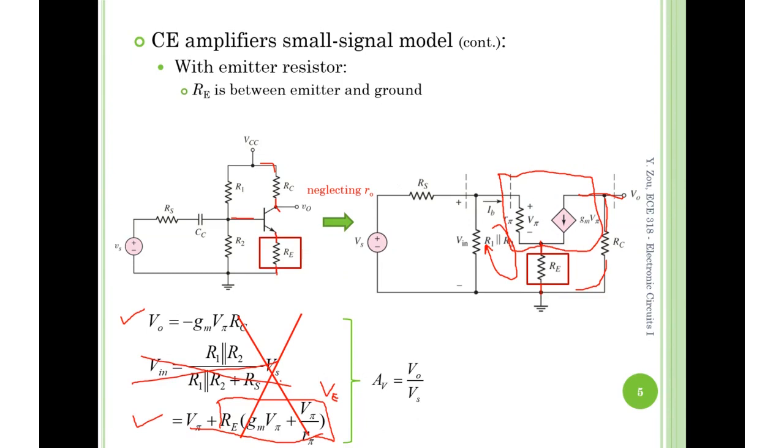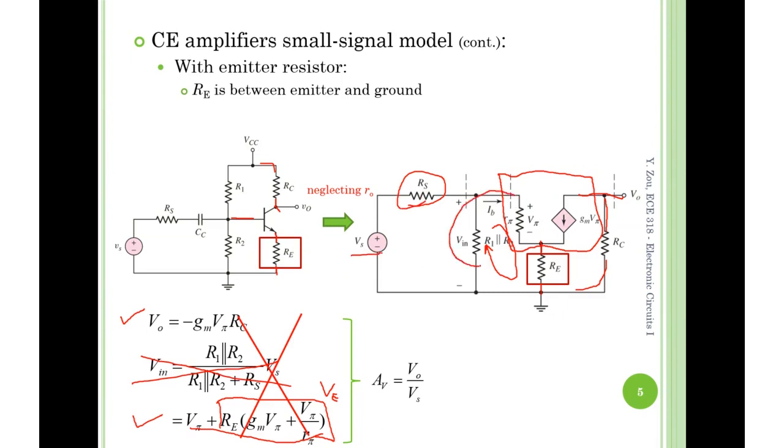However, if you want to use this voltage divider, Kevin's solution is not right. Listen carefully. If you want to do this voltage divider, RS is sharing the VS with whom?